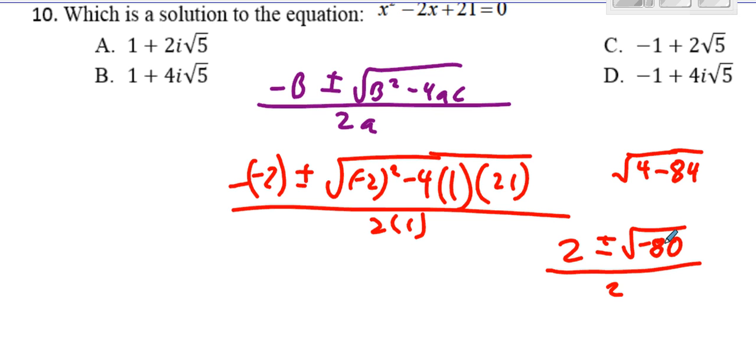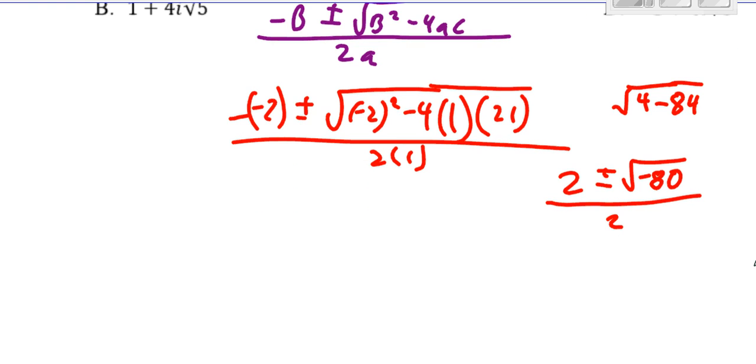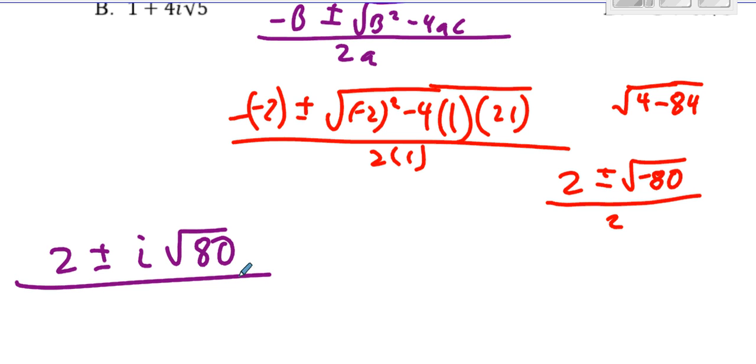So we know that negative 80 makes an imaginary number, so it can't be c. When we simplify that, we can pull out the imaginary number, then we've got the square root of 80.